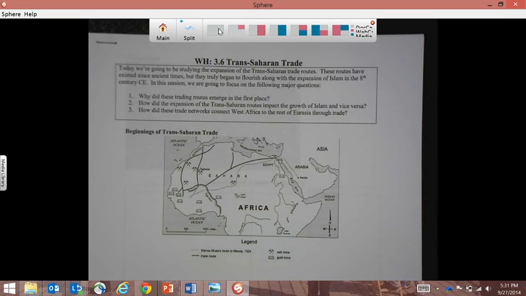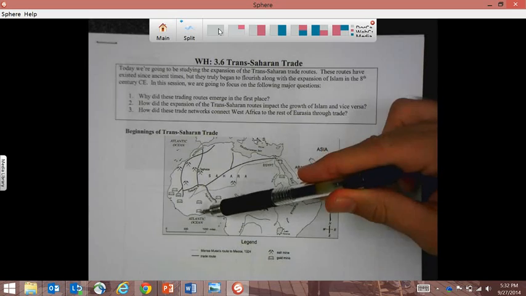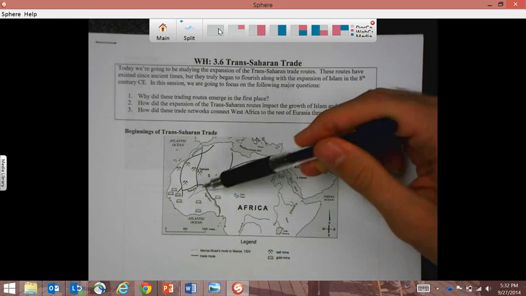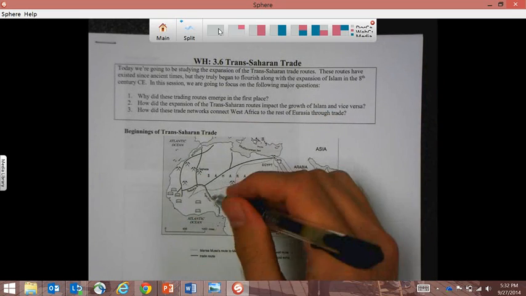But the trade network really starts to develop because of this gold salt trade that develops in West Africa. So as you can see on this map, all these little symbols here correspond to gold mines, because West Africa is really rich in gold.